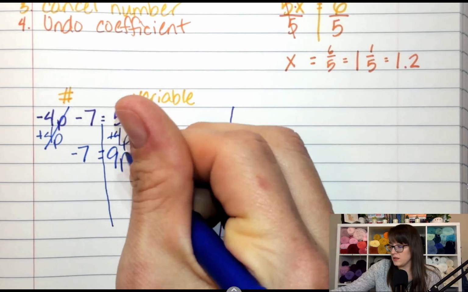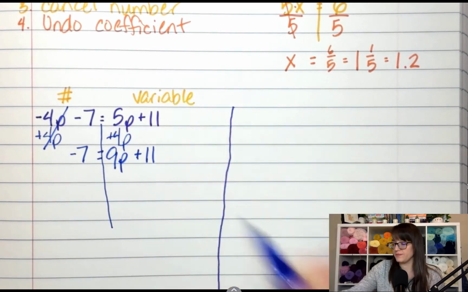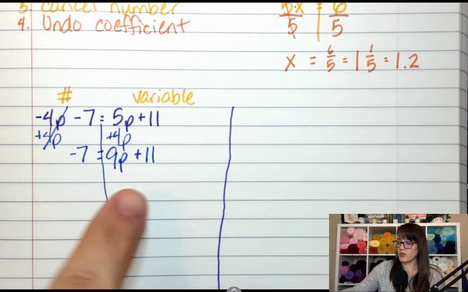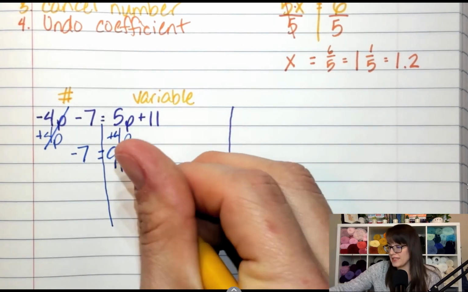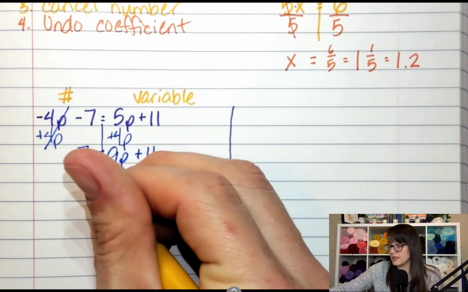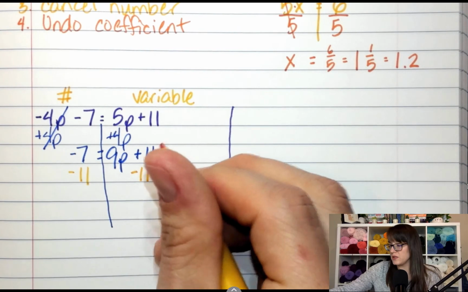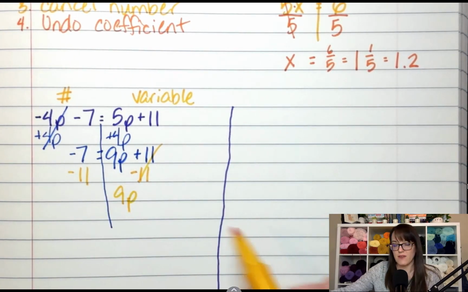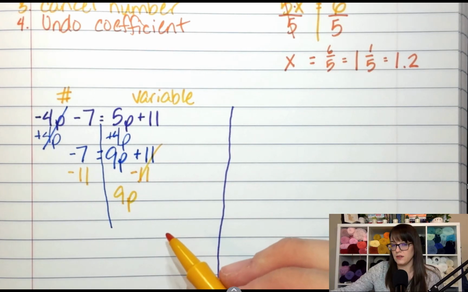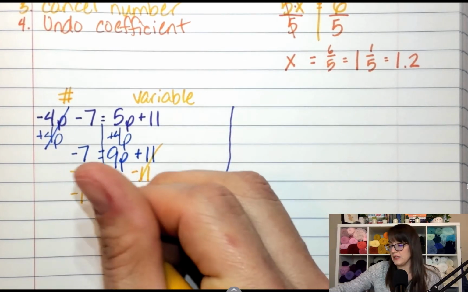9p plus 11. All right, now what do I do to that plus 11 to cancel it out? I would minus 11. So if I take 11 away from both sides, this would cancel. I'm left with 9p, and negative 7 minus 11, negative 18.